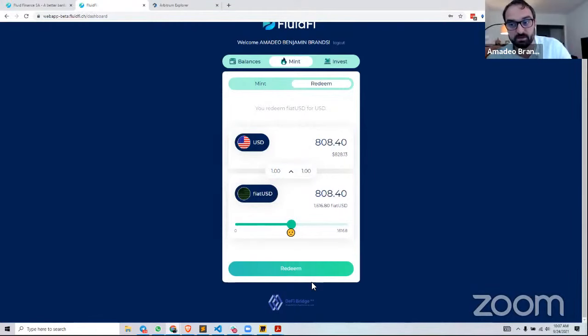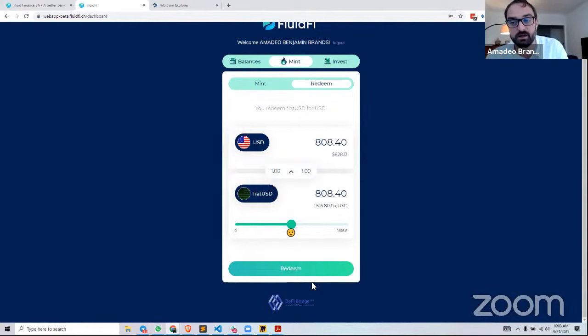So there's a very clear separation there. So Fluid Finance is the bank, which will have banking products, which will have saving products, investment products, borrowings, etc. What Robert talked about. And the DeFi Bridge DAO is really the missing piece that is able for Fluid Finance to mint, or other banks to mint, real-world assets to a blockchain.